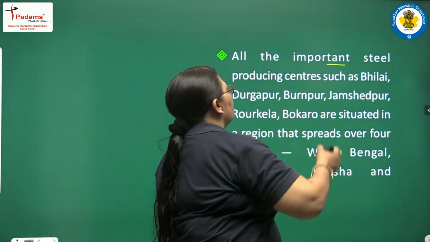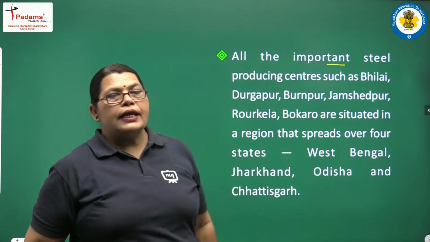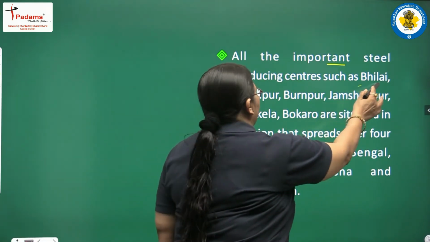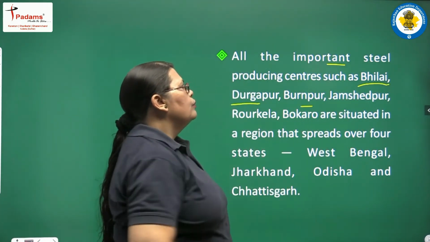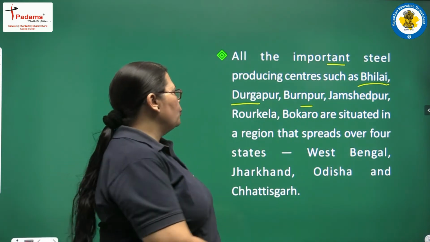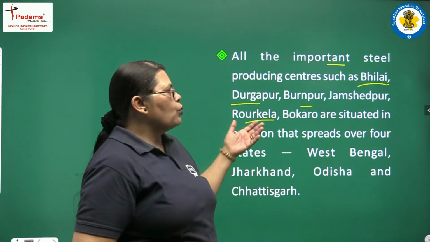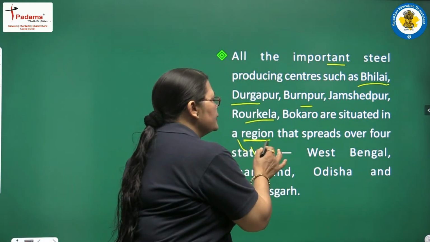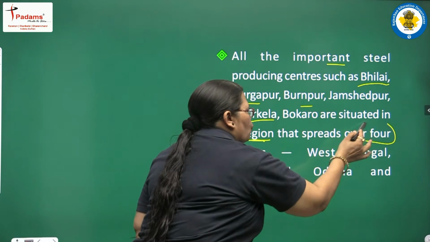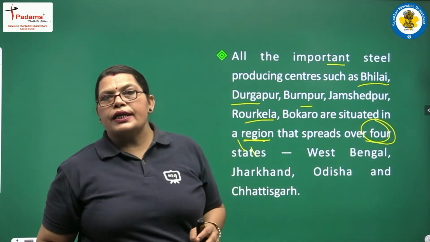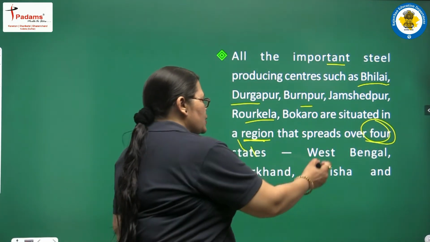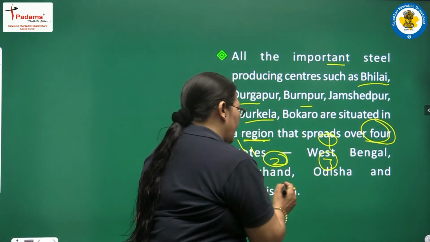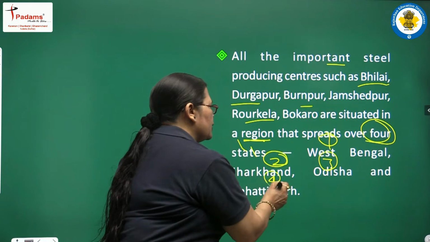See, all the important steel producing centers such as Bhilai, Durgapur, Burnpur, Jamshedpur, Rourkela, Bokaro, all these are situated in a region that spreads over 4 states, and these 4 states are, first, West Bengal, second, Jharkhand, third, Odisha, and the fourth covers Chhattisgarh.